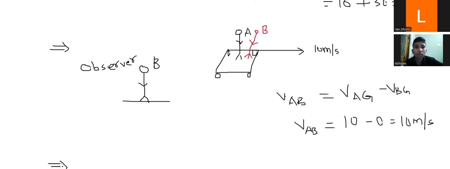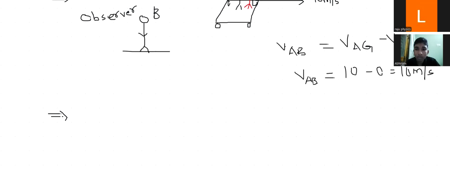B is also sitting on the trolley, and the trolley moves with a speed of 10 meters per second. So what is the relative velocity of A with respect to B? 0, sir. Yes, excellent.